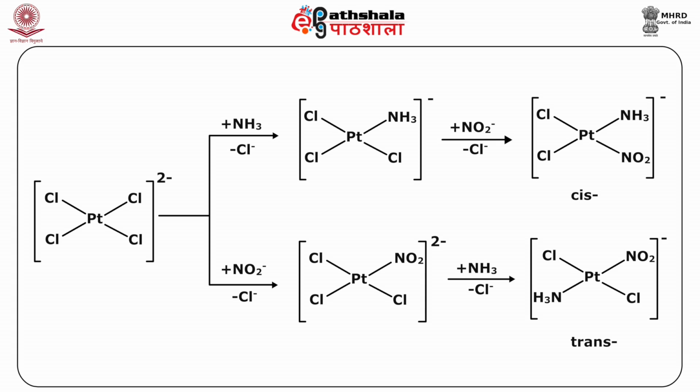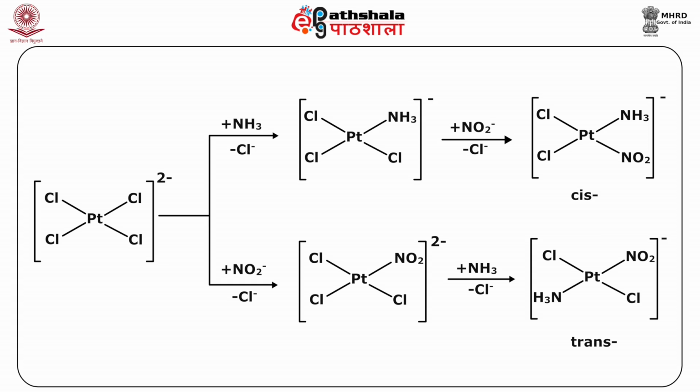But when we treat this complex with another unit of ammonia, not nitro in this case, at which position will ammonia attach? That is the question. In this case, as I just discussed, NO2 minus has greater trans effect power than chloride ion, and ammonia the least.